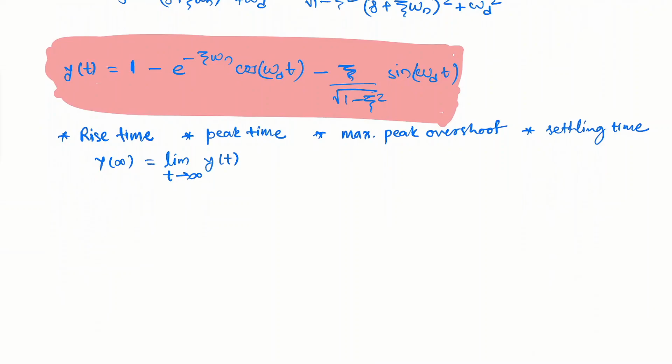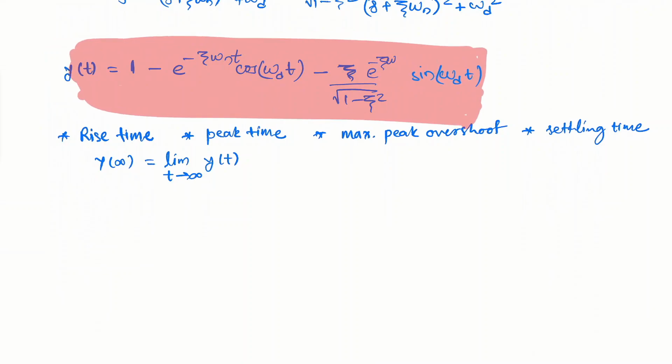Since there are exponent terms, e power minus zeta omega n t, here and here with the negative coefficient, as time t tends to infinity, this would go to 0, this term would go to 0. So y of infinity would be 1.